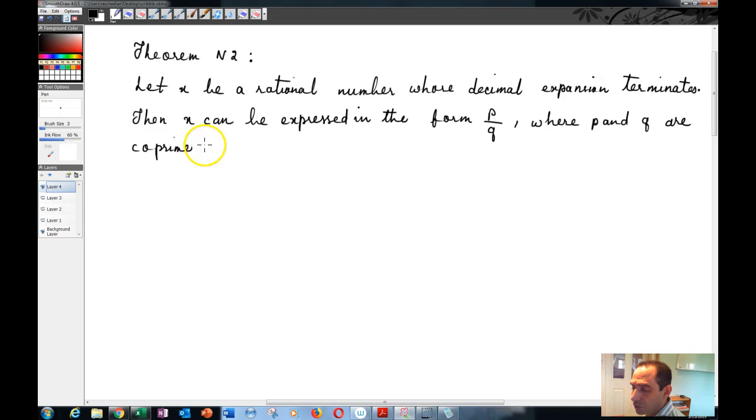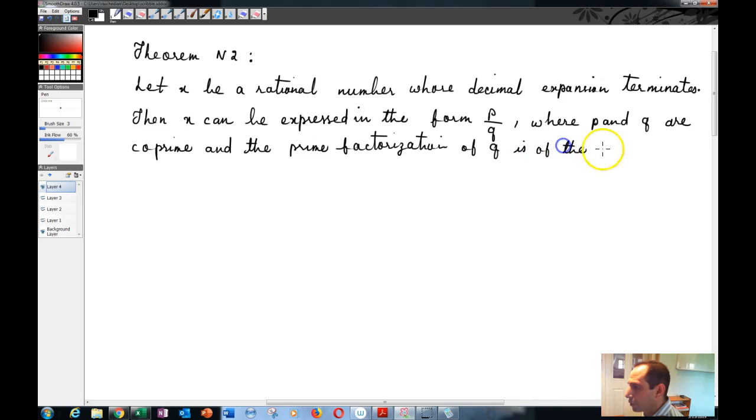and the prime factorization of q is of the form 2 raised to the power n, for example, times 5 raised to the power m, where n and m are non-negative integers.